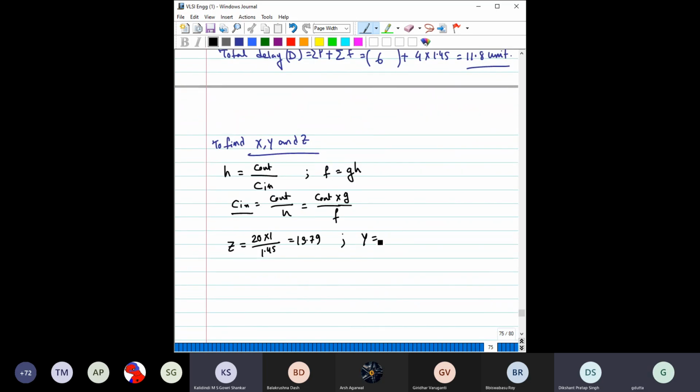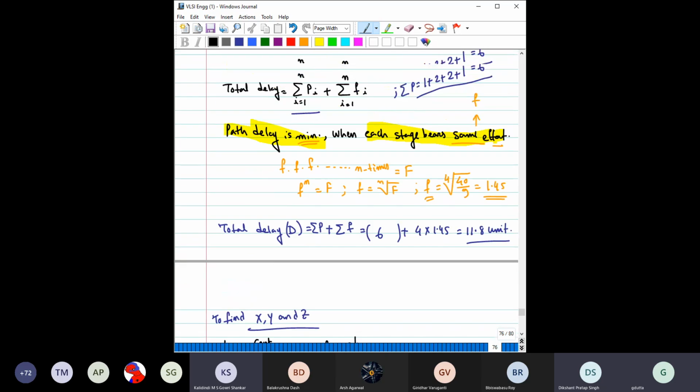So here this Y will be C out, 13.79, into G. For a two-input NAND gate, G is 4 by 3, by F. F is the same 1.45 for all of them. So it would give you 12.68.